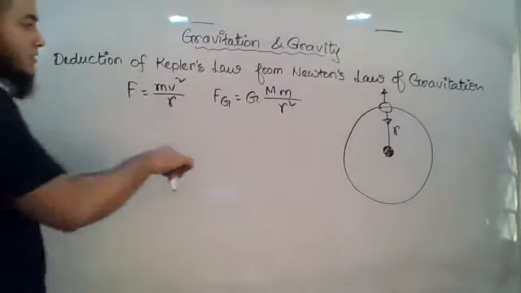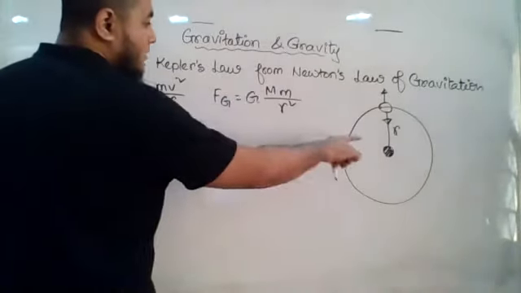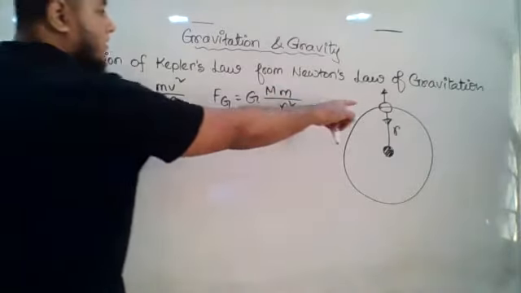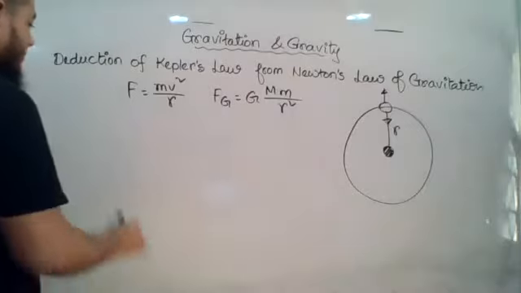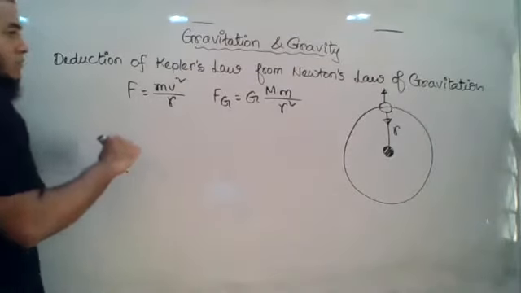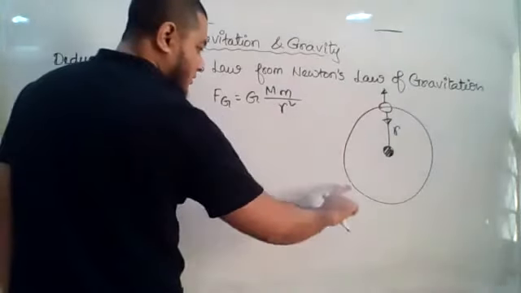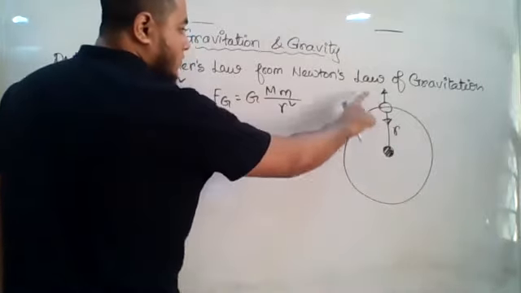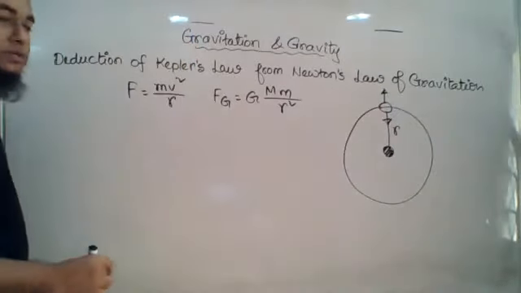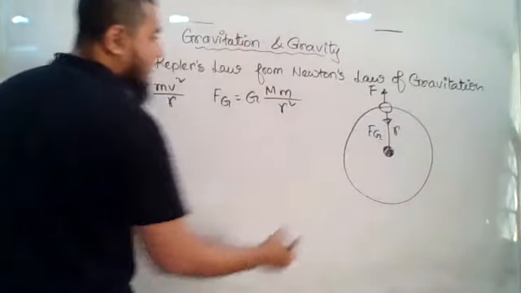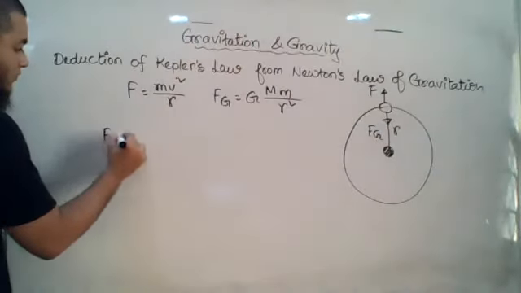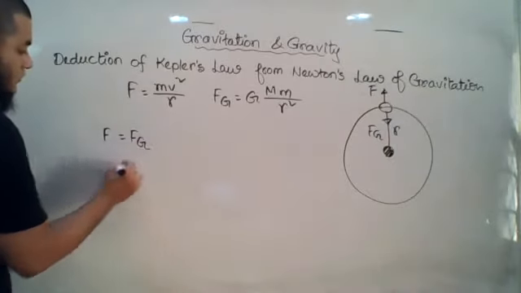Here, let us consider the mass of the sun as capital M, and small m is the mass of the planet. If I want to keep it in the orbit, then these forces must balance each other. F and Fg must balance each other. So we can write F is equal to Fg.